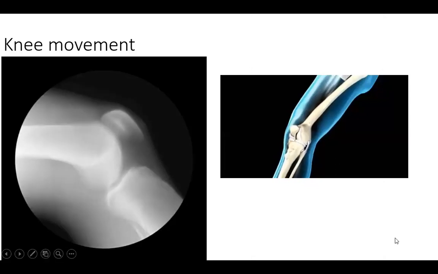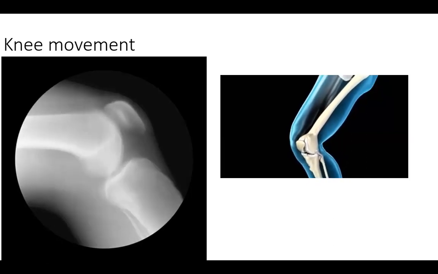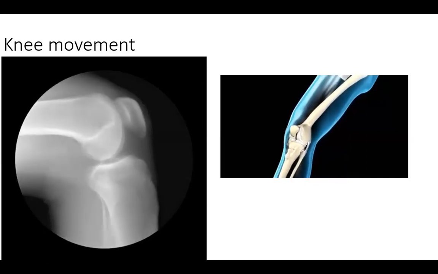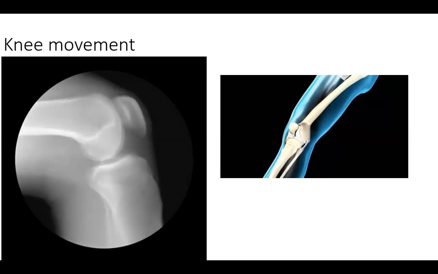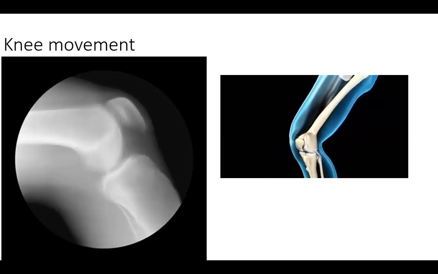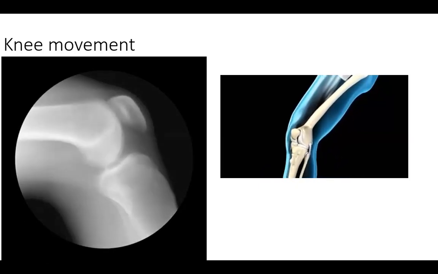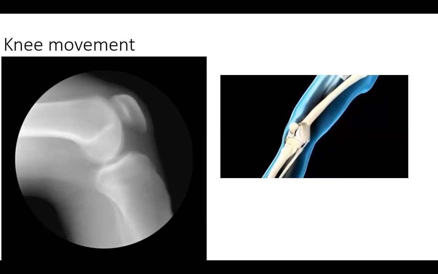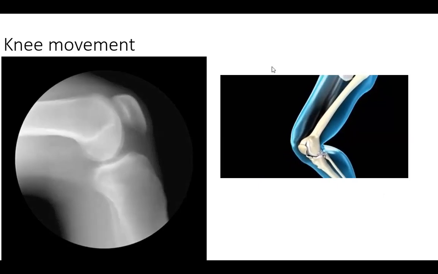Knee movement looks like this. This is how our typical hinge joint works. We see the tibia moves back and forth against the femur. You can't see the meniscus pads in there, but they're there. The tibia is held to the femur with a cartilage, and the fibula is held to the femur with a cartilage. You can just barely see that.